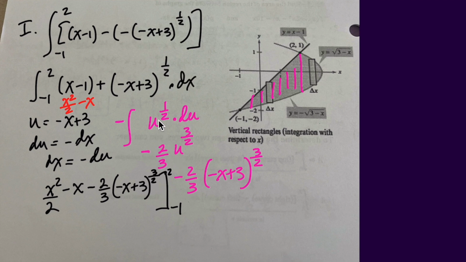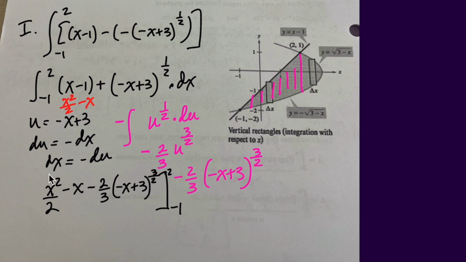Okay, when you take the antiderivative of u to the 1/2, we're going to add 2 over 2 to get 3/2. We're going to divide by the new and improved exponent, which is the same as multiplying by the reciprocal. And when we do that, we're going to get negative 2/3 times negative x plus 3 to the 3/2. That is your antiderivative.